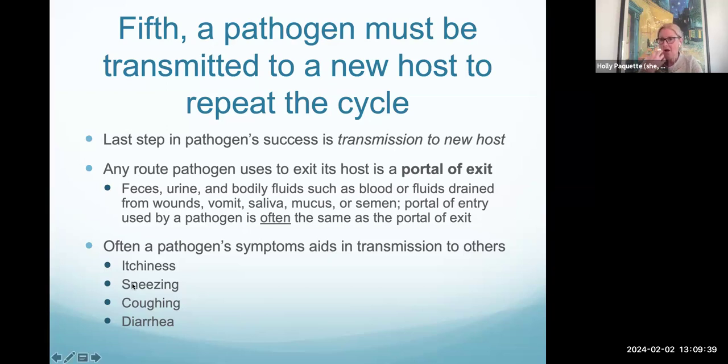With sneezing and coughing, if we have lots of viruses in the snot or in our saliva and we sneeze and cough, that's a great way for that pathogen to go from one host to another host. And then diarrhea tends to be kind of messy. That means that there's likely a lot of virus that's shed in that diarrhea. And if we don't properly clean it up and use proper hygiene, it could contaminate something else and infect another host.